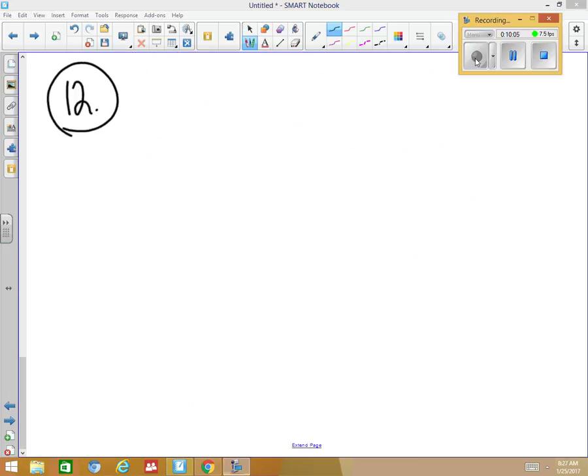Number 12's point looks like this. Okay, this is number 12. It's different from this one. There's not a B. What else is there not?